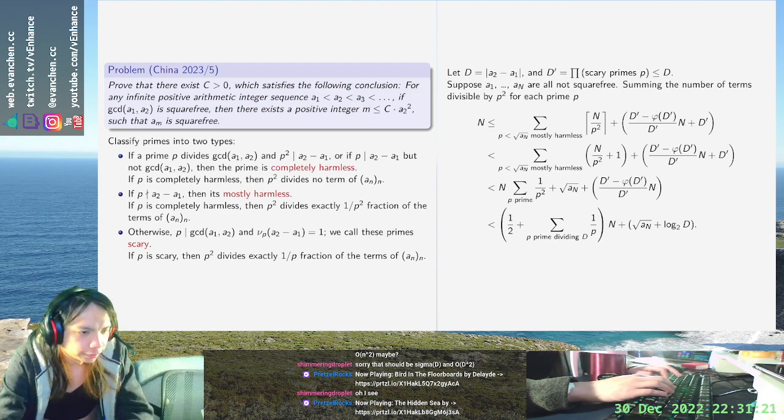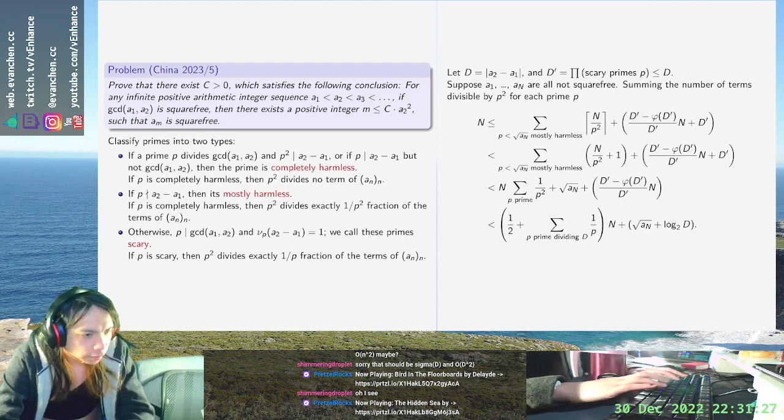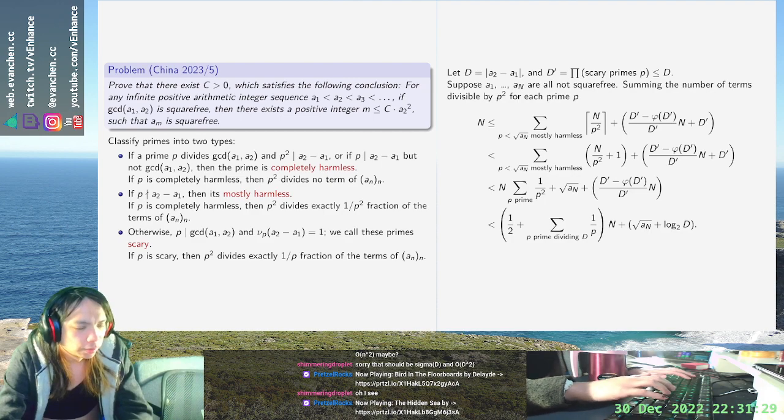Okay, so I don't really need this line. I didn't do anything. And now this is the part where I write 1 minus 1 over phi of d prime over d prime, and then plus log 2 d prime.